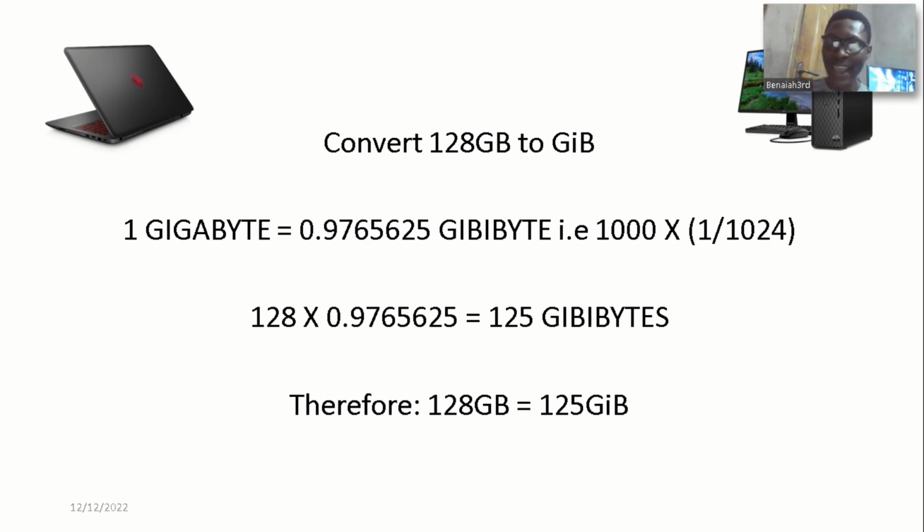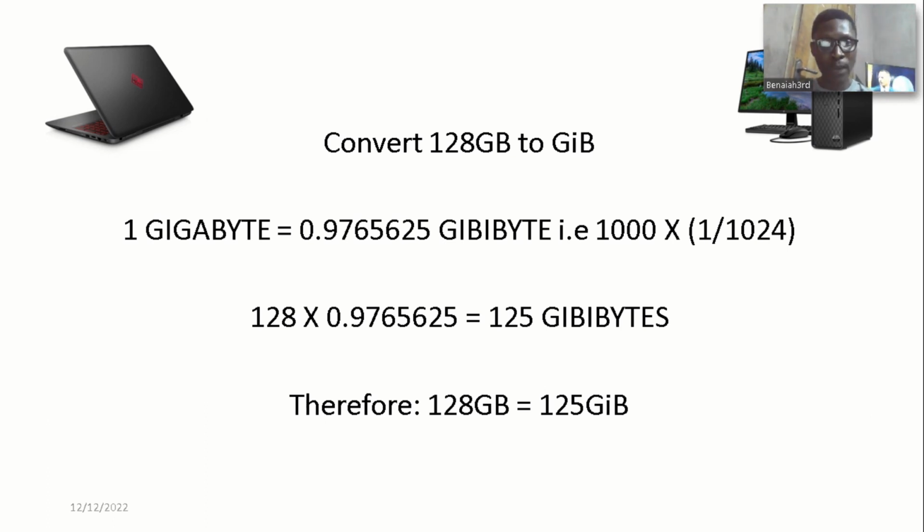Now, the discrepancy here is that the manufacturers refuse to adopt the normal convention of computer storage. Gibibytes, kibibytes, mebibytes, they are all registered as units of storage for computers. But one way or the other, they refused to adopt it. So that's why it gets confusing when you plug a 128 gig flash drive into your computer and you just discover that it's not up to 128 gigabytes.